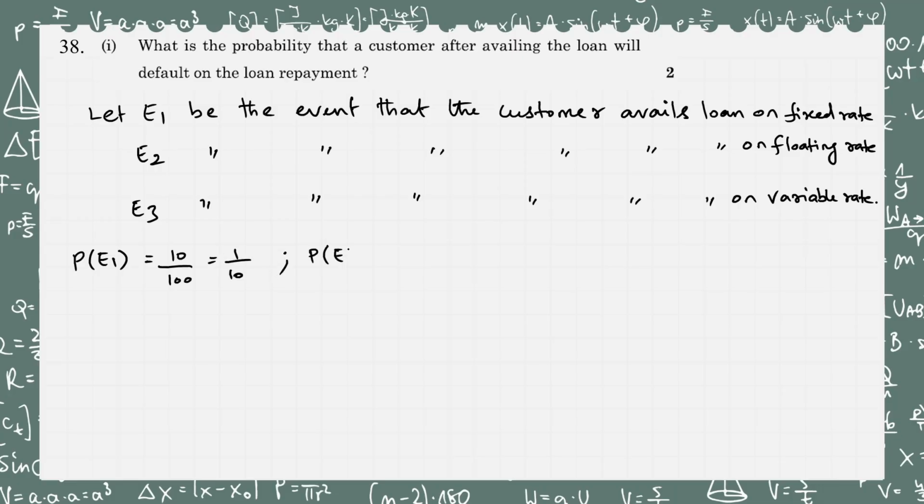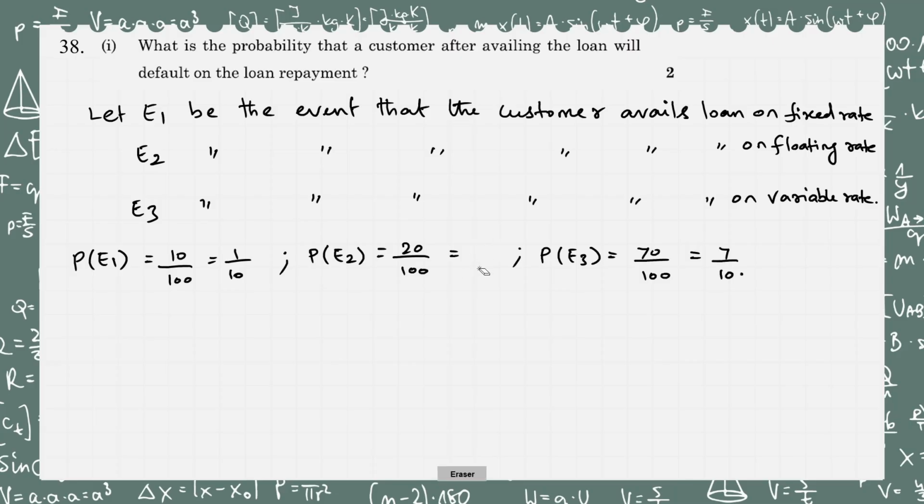And P of E2 is given to be 20%, which is 20 by 100, which is 2 by 10 or 1 by 5. And P of E3 is equal to 70 by 100, which is 7 by 10.